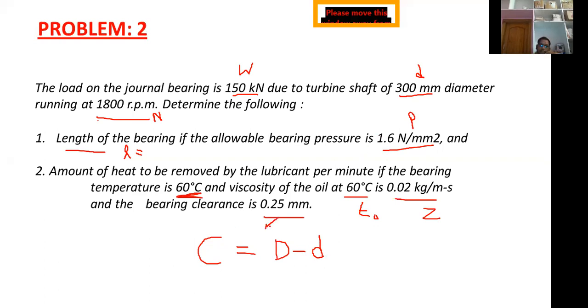By using these details we have to design a journal bearing. In this question we have to find the value of length required and the amount of heat removed, that means the amount of heat generated.